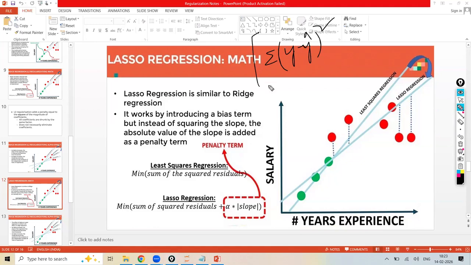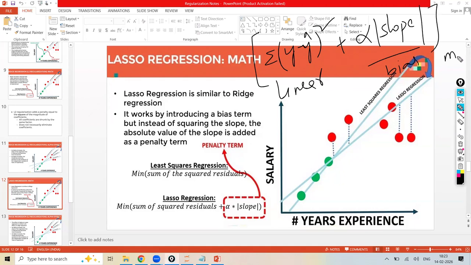Up to here, it is linear regression. It is linear plus alpha into modulus of slope. This is the additional bias we are adding, and the overall error should be minimum.